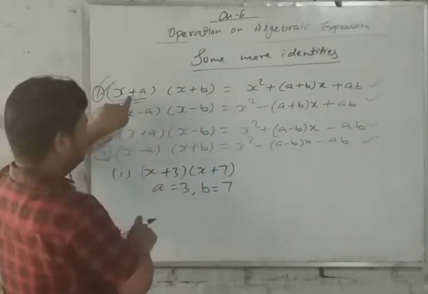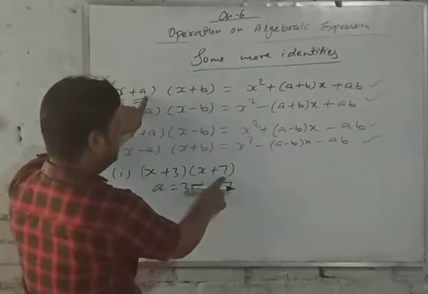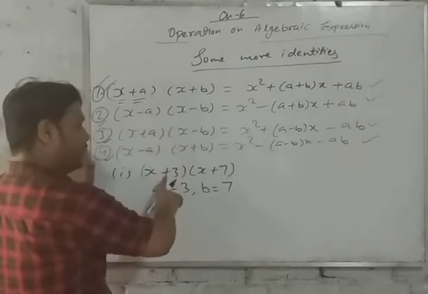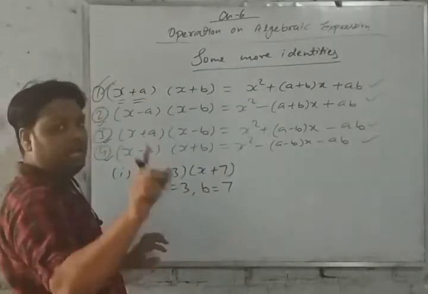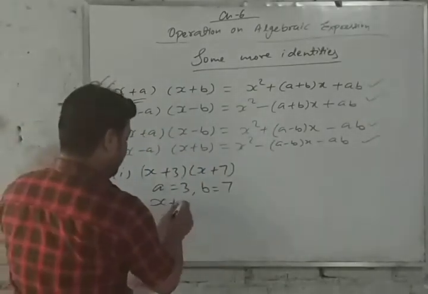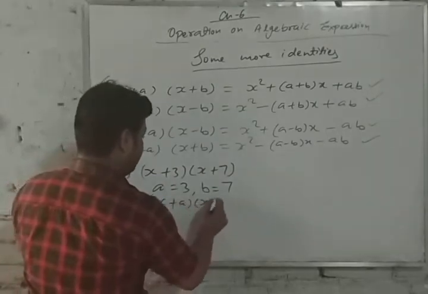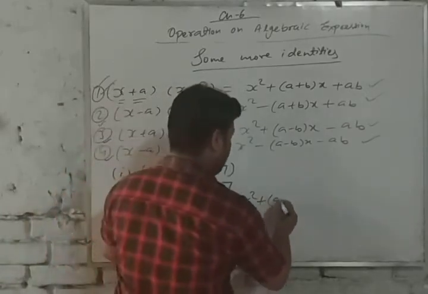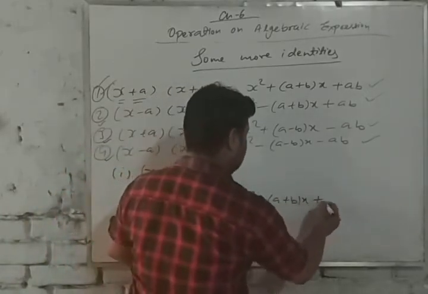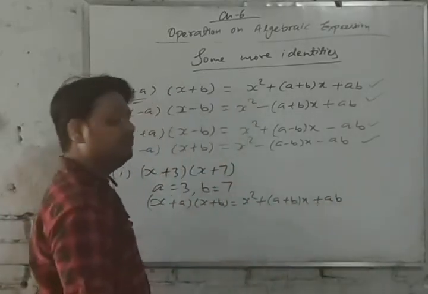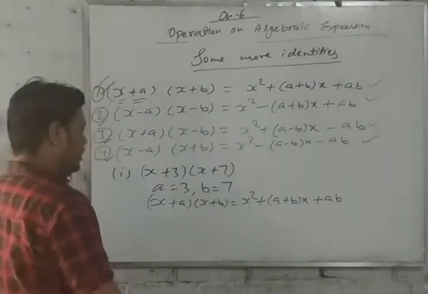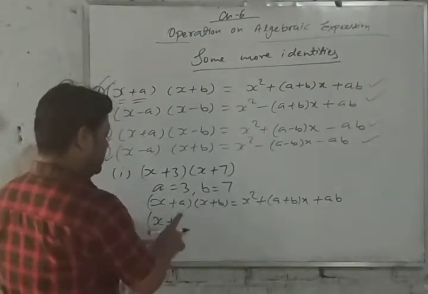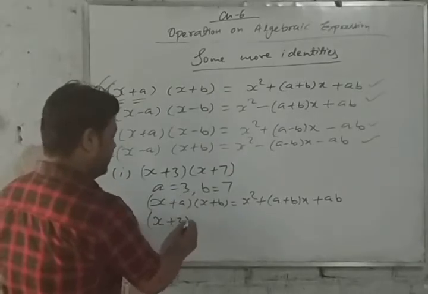Same as x plus a and x plus b. So at first we will write the formula. Then we will put the value every time. x plus a, x plus b is equal to x square plus, under bracket, a plus b, x plus ab. Okay. Now put the value. Here, in the place of a we will write 3.